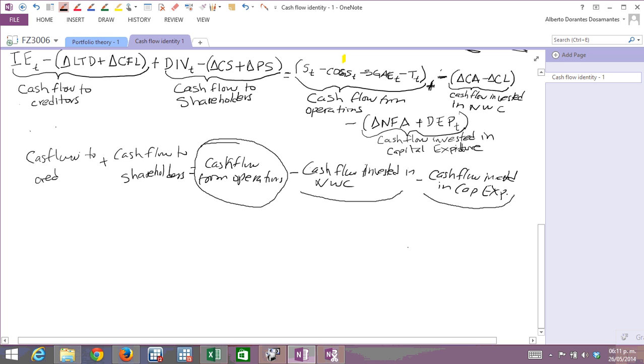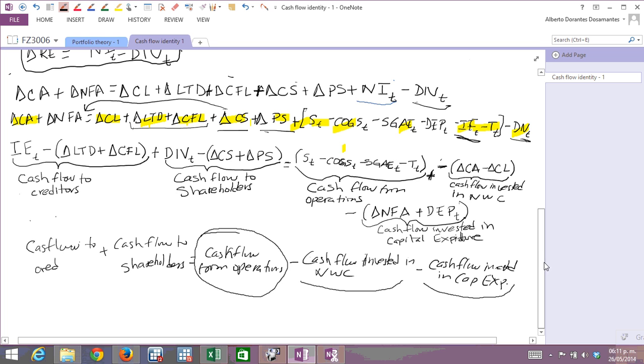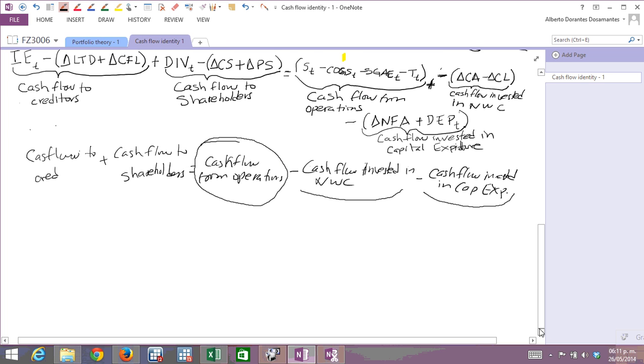Okay, then I just wanted to show you how this identity illustrates how any organization creates wealth. It creates wealth through the operations, through the revenue, the sales of the company, minus the different costs of the company.